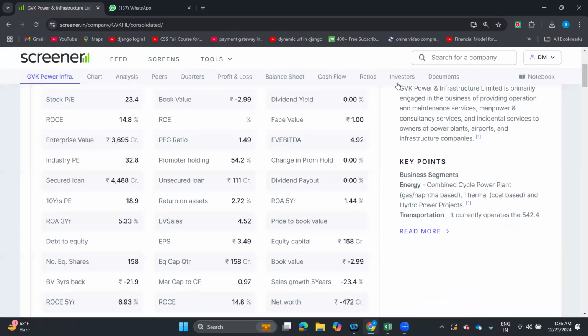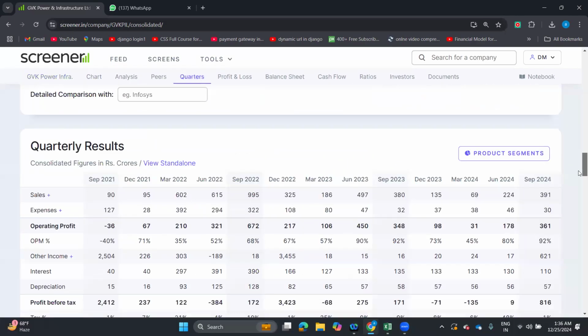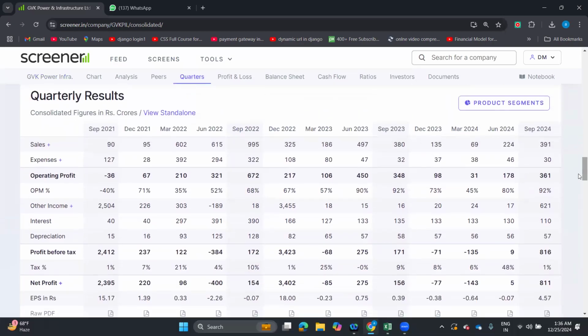Now just have a look at it. Their operating profit, they are running at good profit, but their interest cost, that is the finance cost, has gone down to a certain extent, 110 crore in September 24. So some improvement from 130 odd crore to 110 crore is an improvement.